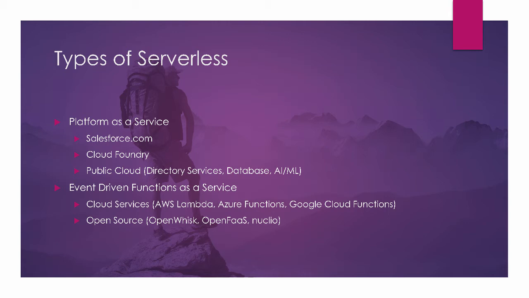You don't care anything about the servers in those platforms when they're hosted in the cloud. You're just using the APIs and the code environments provided by those services. And in event-driven compute, you're keying off some event and you're writing, again, code that runs against that.